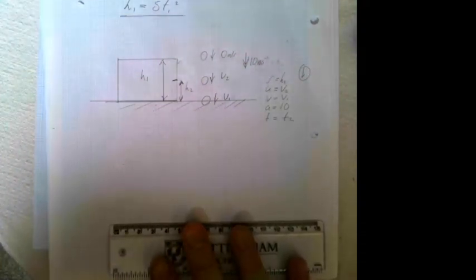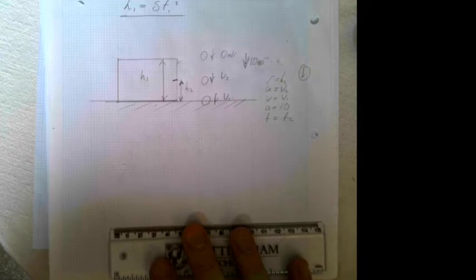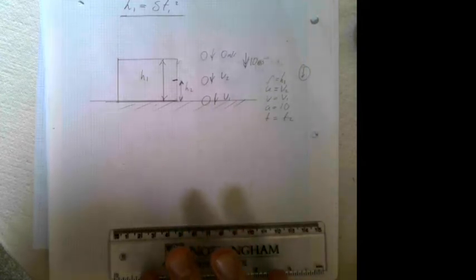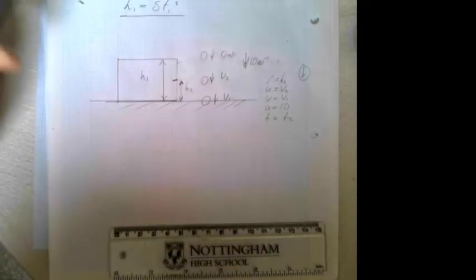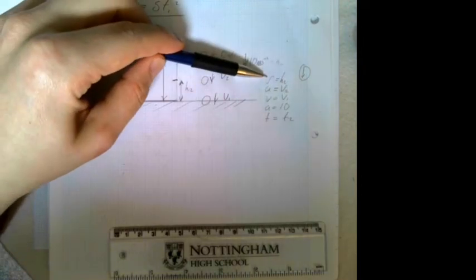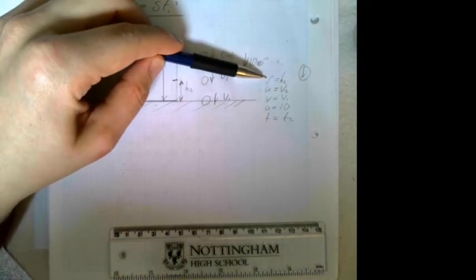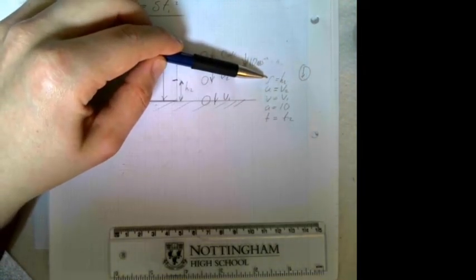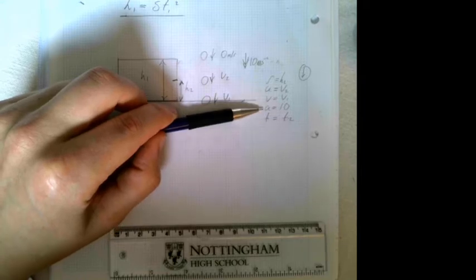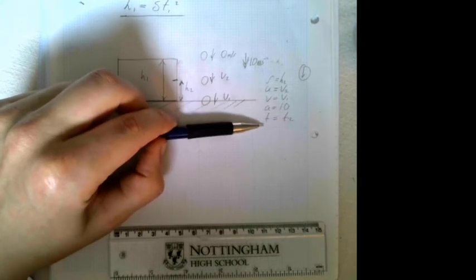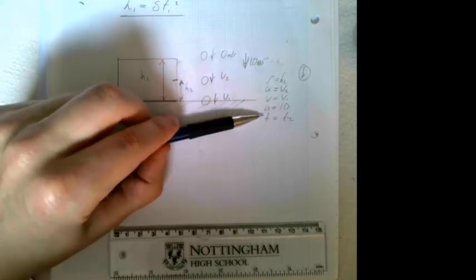So it's time to start considering which SUVAT formula we should use. Is it going to be v equals u plus at? Is it going to be v squared equals u squared plus 2as? I think the most sensible formula to use would involve s, as we're asked ultimately to express in terms of h2, and involves t, as we're asked to ultimately express in terms of t2, and tries to use as many of the things that we also know, like a, as possible.